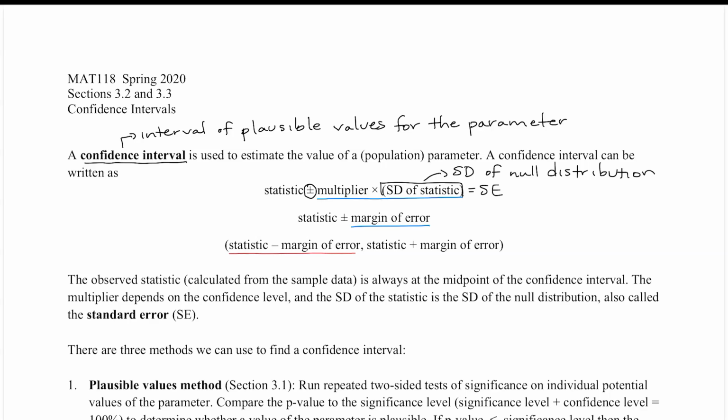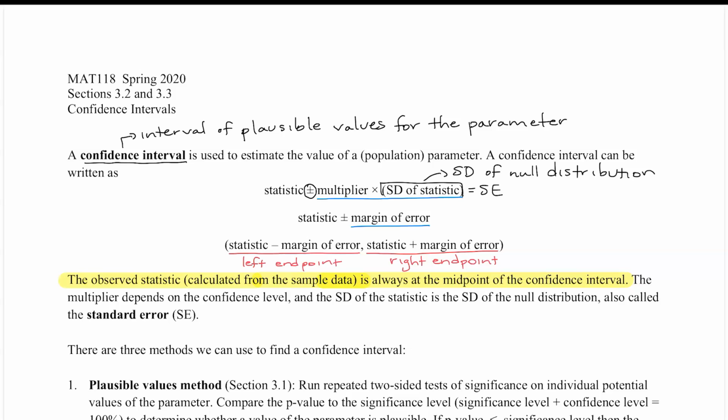Now this third way of writing the interval is the way we've been doing it. The statistic minus the margin of error gives you the left endpoint. And then the statistic plus the margin of error gives you the right endpoint. And those are separated by a comma. So that's the way we've been writing the intervals so far.